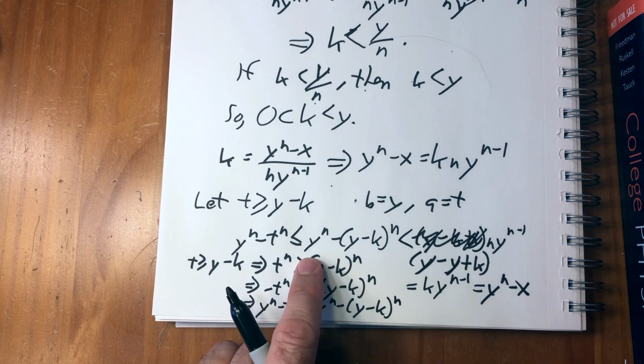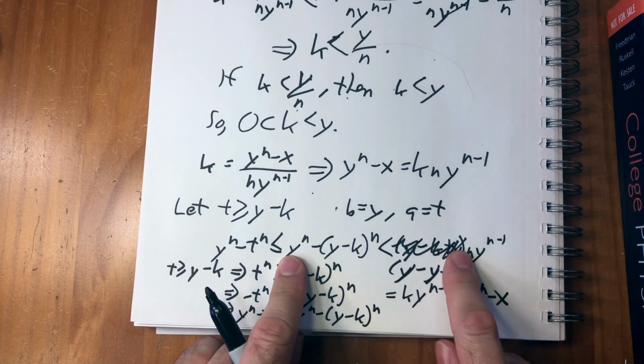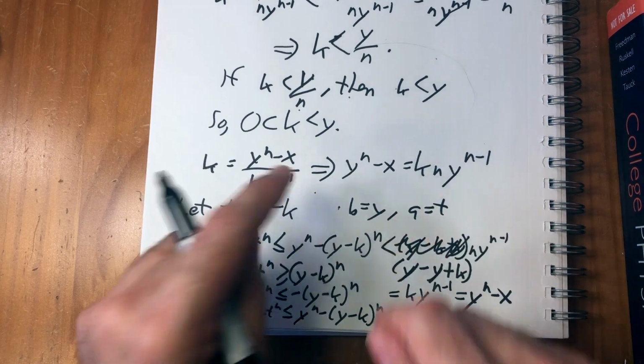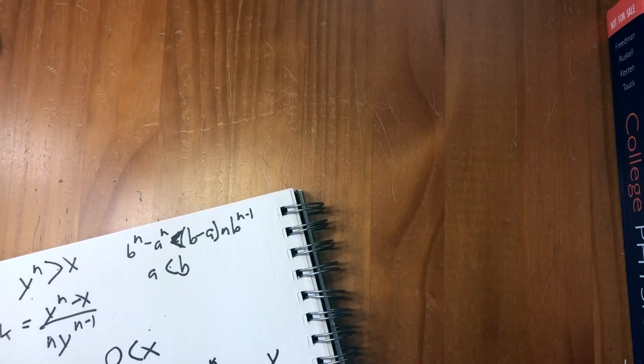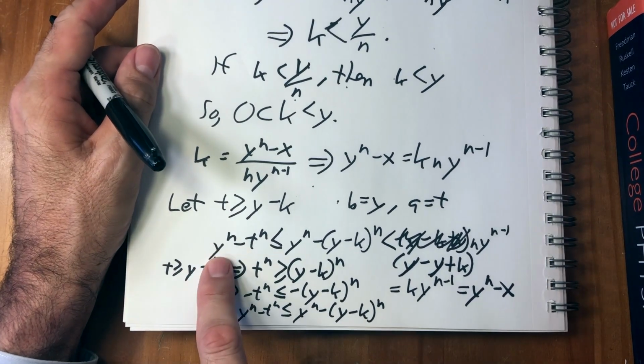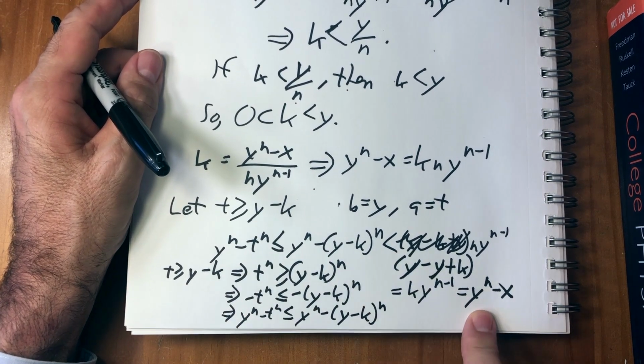And then the rest of them I think are more clear, because this is the inequality that we started with, and then from there we just cancel the y's, and then the rest of it is what we came up with. So what we showed here is that y to the n minus t to the n is less than y to the n minus x.